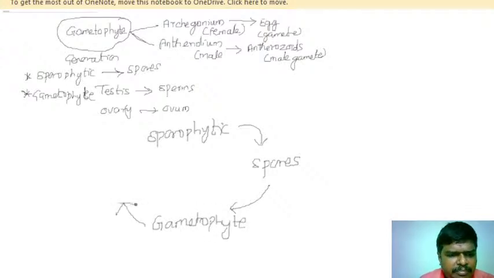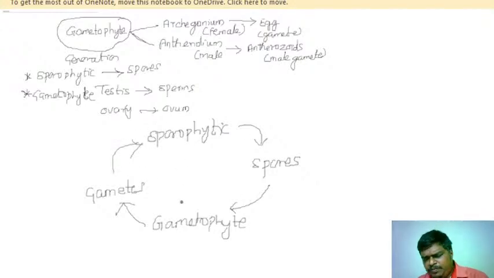This gametophyte produces gametes. These gametes form the sporophytic generation. In between, there are a lot of changes, and I'm not explaining that. The sporophytic generation gives rise to spores. The gametophytic generation gives rise to gametes. I hope you have understood what is gametophyte and gametes.